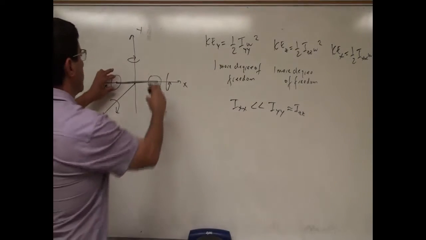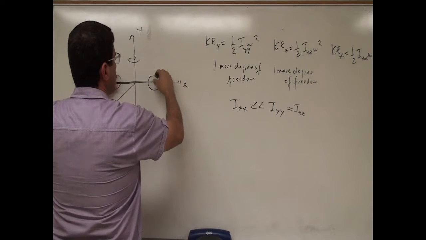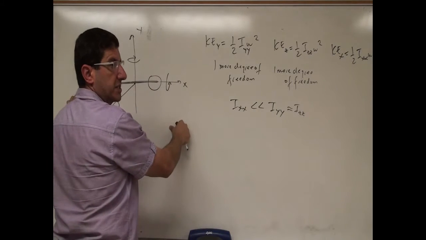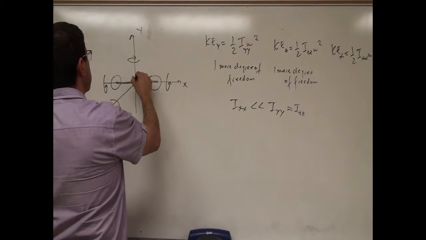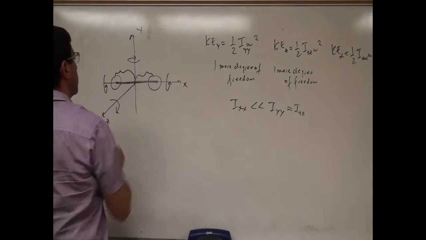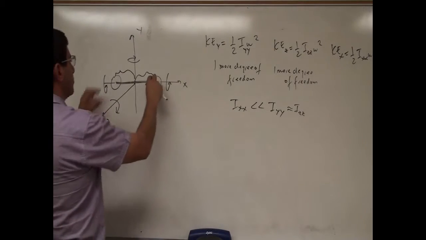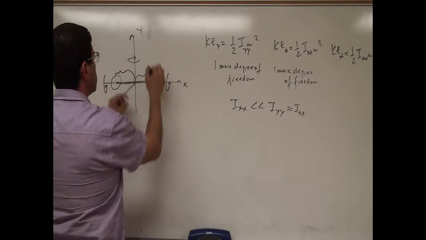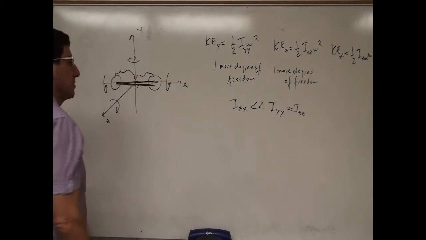Why is the Ixx so much smaller? Because all the object is more closely distributed to the x-axis. They're much closer. Whereas about the y-axis, the distance is this, you see? Like this, from the center to each object. And for the z-axis, which is this one, right, the distance is also this, from here to here and from here to here, right?